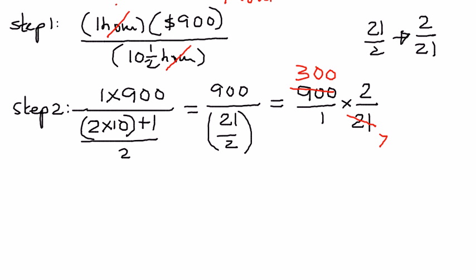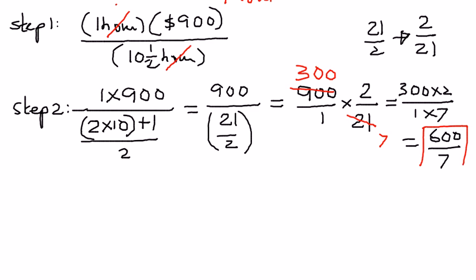So therefore, the value we have here is going to be equal to 300 times 2 divided by 1 times 7. So 300 times 2 is equal to 600 divided by 1 times 7 is 7. So therefore, in an improper format, the value is going to be equal to 600 over 7.